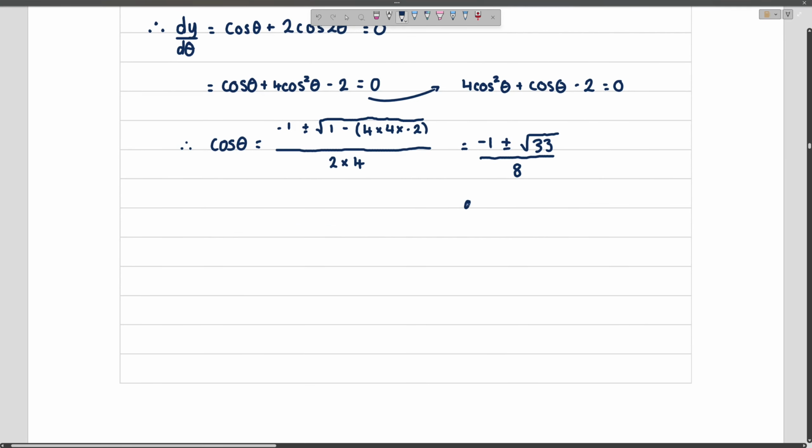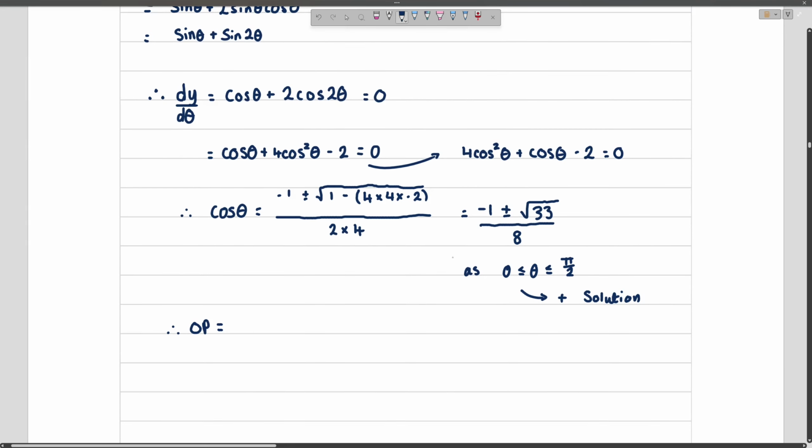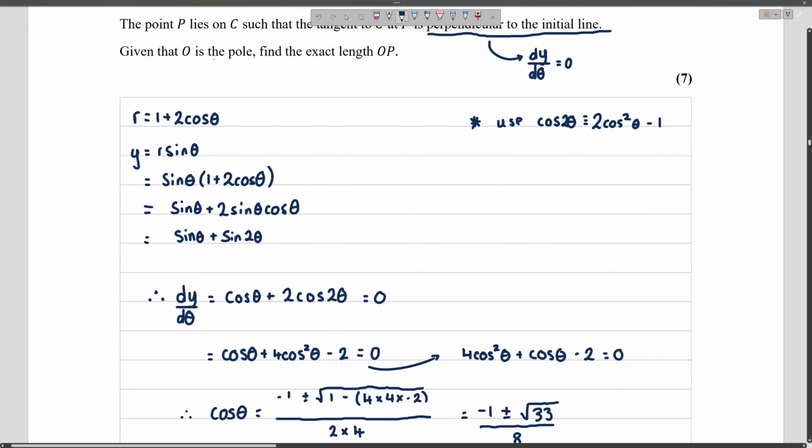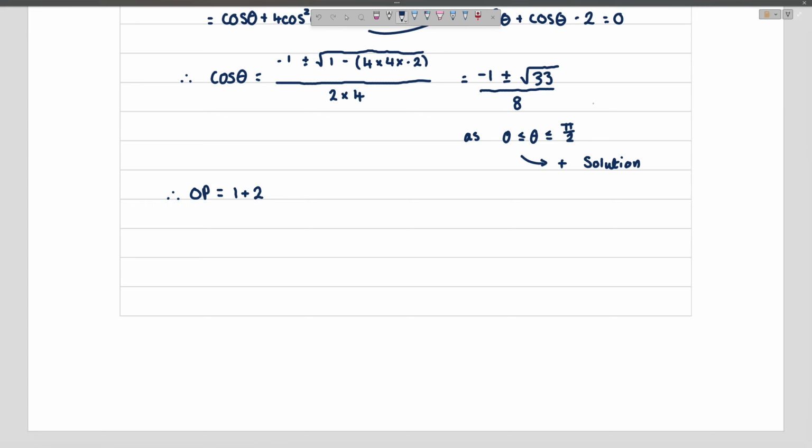So as theta is between 0 and pi over 2 here, what that means is we just take the positive solution. Therefore, OP is equal to, so all I'm going to do is substitute this value of cos theta into R. So OP then is 1 plus 2 lots of this, where I've taken the positive solution.